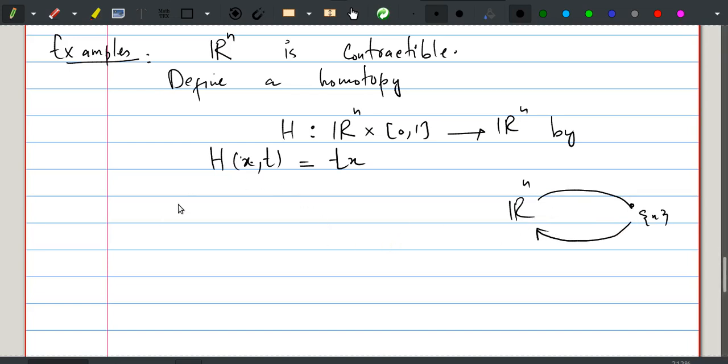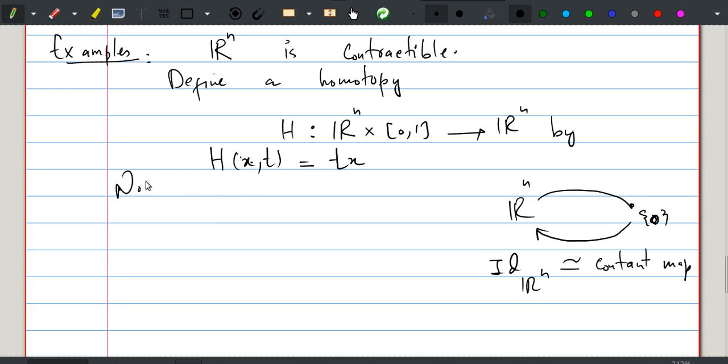Let's take this point 0. So we have to prove the identity map on Rn is homotopic to a constant map. Now obviously this is a continuous family of maps for different values of t. This t is in [0, 1].